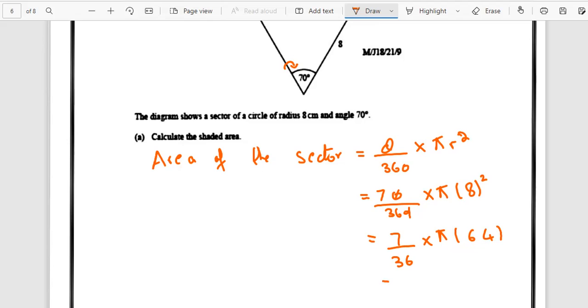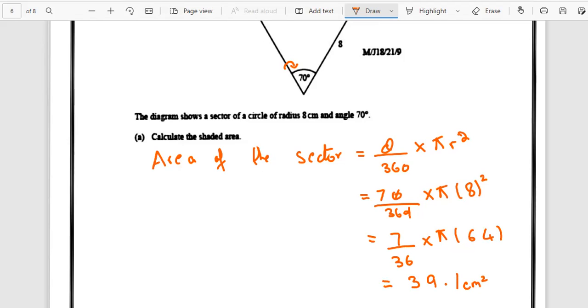Okay, so what do you get after the simplification? 39.09. Okay, very good. That is 39.1. 39.1. Very good. Centimeter squares. Okay, that is very important.